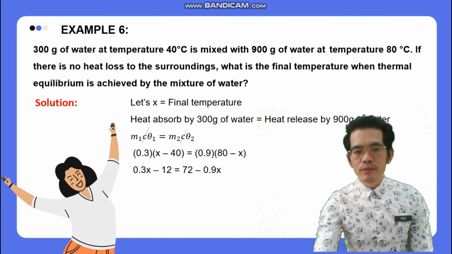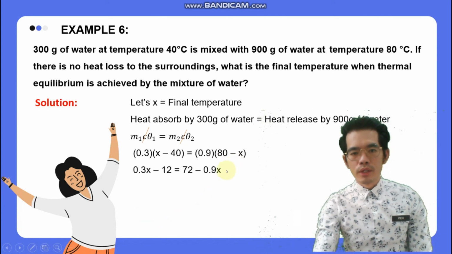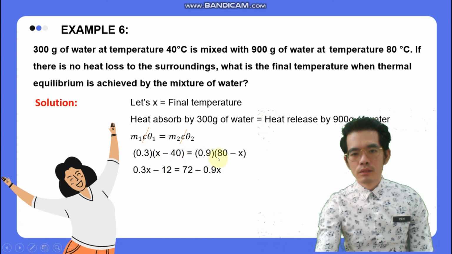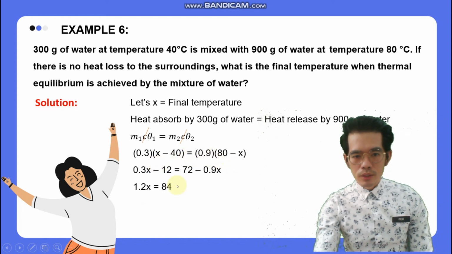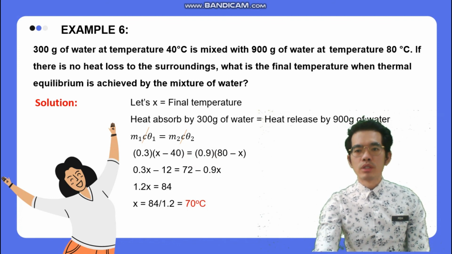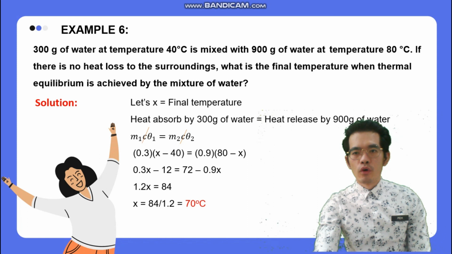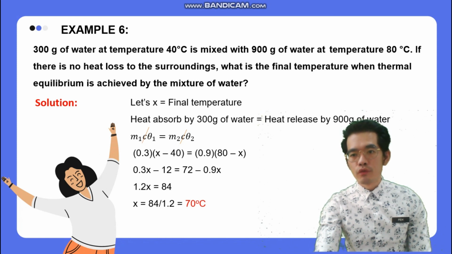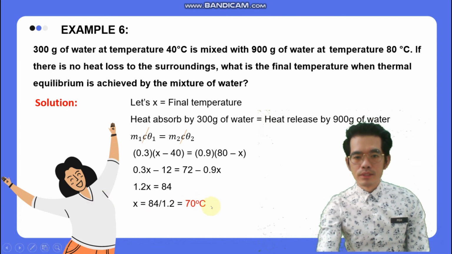After that you can solve the equation, and you get the value X, which is the final temperature for the mixing of water when they achieve the thermal equilibrium condition. It will be 70.